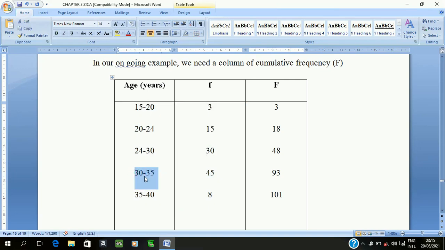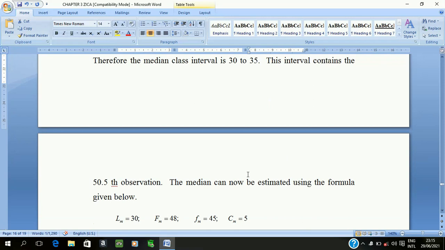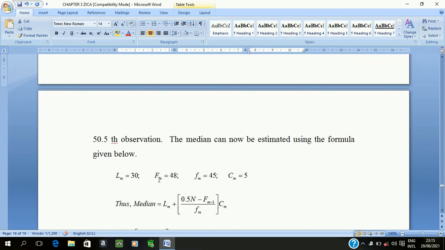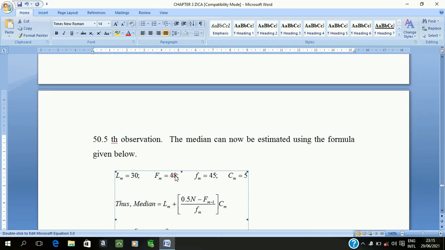The class immediately before the median class is 20 to 30, and the cumulative frequency for that class is 48. I'll say it again: the median class is this one, the class immediately before is that one, and the cumulative frequency of that class is 48. So the capital F m minus 1 is going to be 48. Now this one, the denominator, is just the actual frequency of the median class.